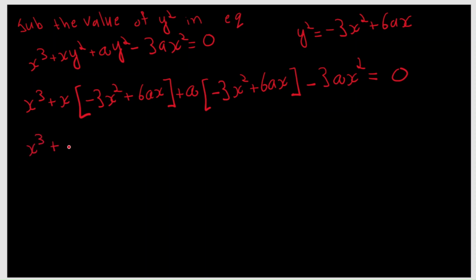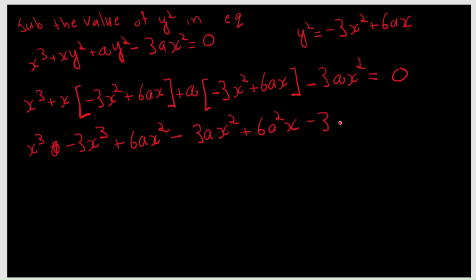X cube plus minus 3x square plus 6a x square minus 3a x square plus 6a square x minus 3a x square is equal to 0.